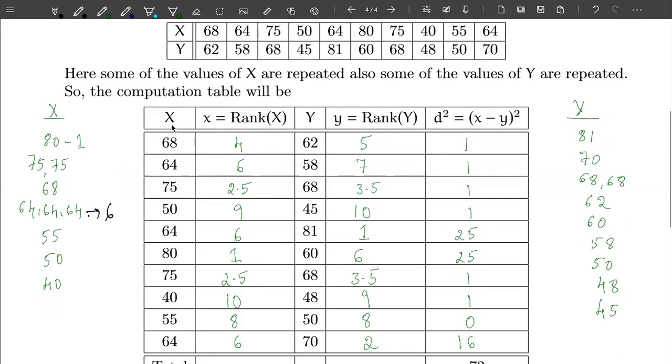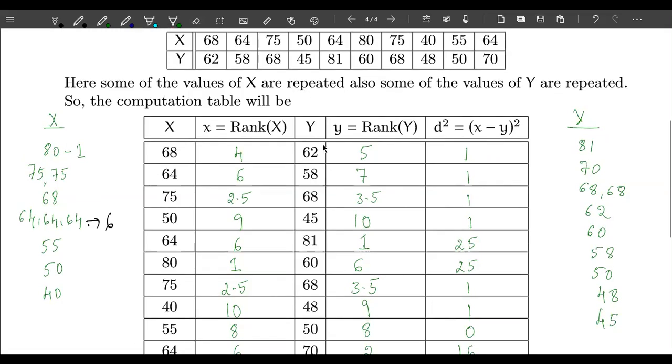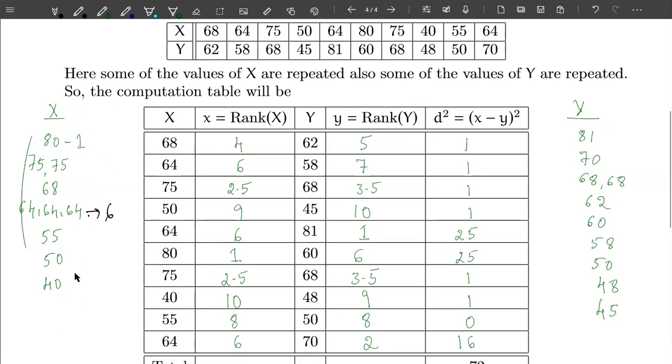But if you take some value for x and if you misplace the value of y, then the value of d square will be different. So take the given values of x as it is here, assign the ranks, and take the given values of y as it is, and then assign the rank. If you want, in rough work, you can list out the values of x and y in descending order, assign rank, and then write the ranks here.